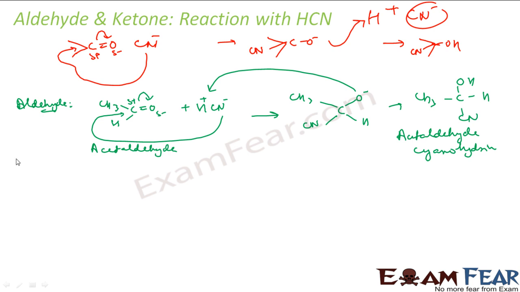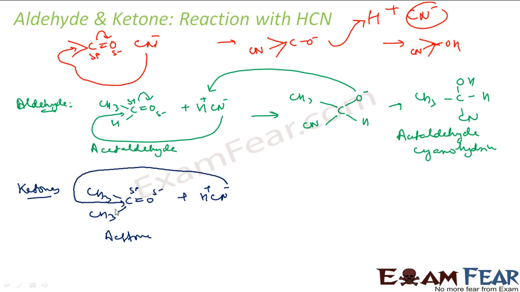The next is, let's try with ketones. Let's take CH3COCH3, a simple example, I'll take acetone. Same thing here, HCN, H plus, CN minus, slightly negative, slightly positive. CN minus will come and attack this carbon with a positive charge. What you get is CH3, C, CN somewhere, CH3 again here, and the oxygen with a negative charge because this bond will break, and this oxygen will now attack this H plus.